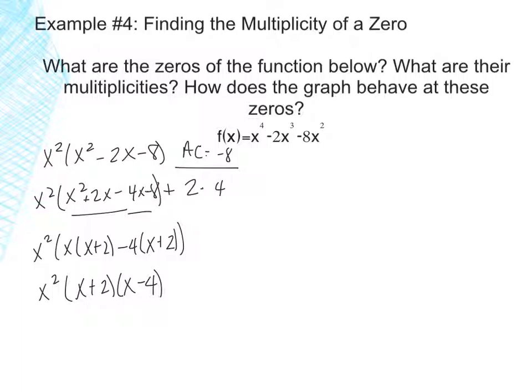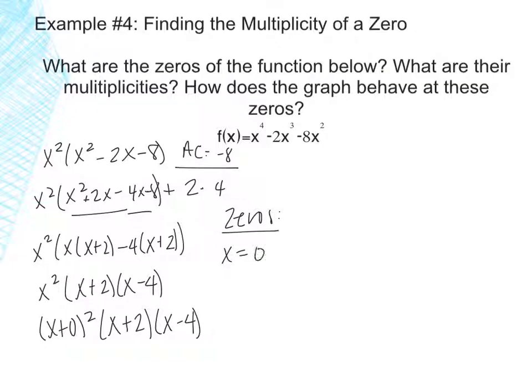And you need to understand that x squared is actually a factor, and that factor is x plus 0 squared, or you can say x minus 0 squared. So I'm going to replace x squared with x plus 0 squared. So my zeros are x equal to 0, x equal to negative 2, because I had to set that equal to 0, and the other one is x equal to 4.